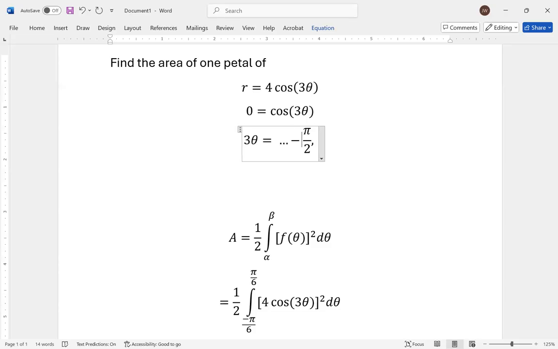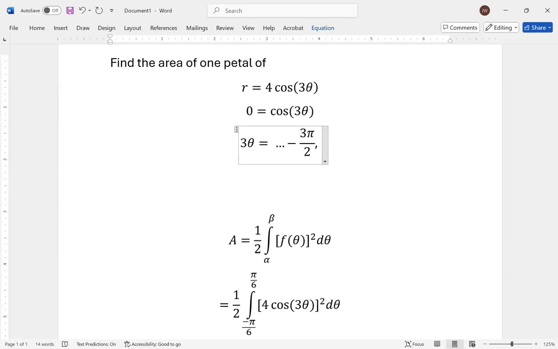There are going to be infinitely many: negative 3 pi over 2, negative pi over 2, positive pi over 2, and then positive 3 pi over 2, and then positive 5 pi over 2, and so on and so forth.